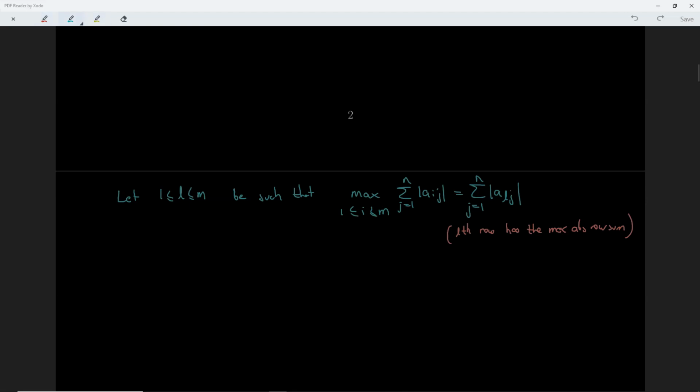So now consider the vector y in R^n such that y is equal to sign of a_l1, sign of a_l2, and sign of a_ln.